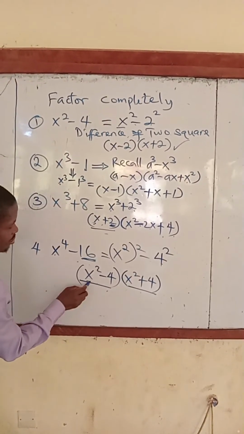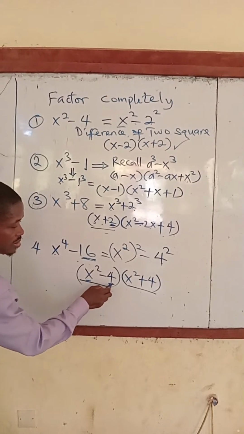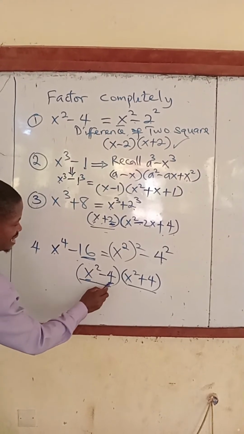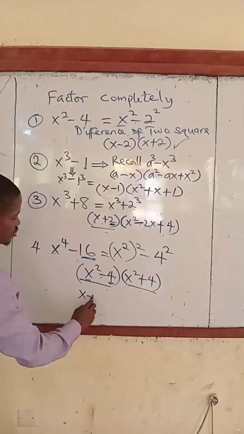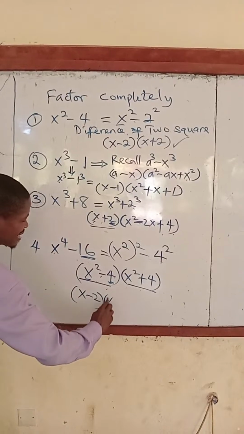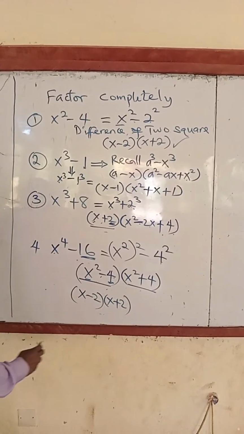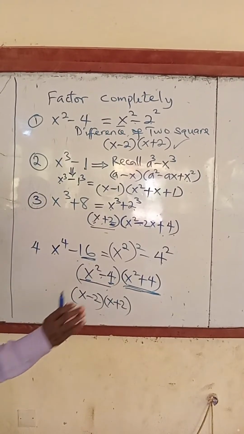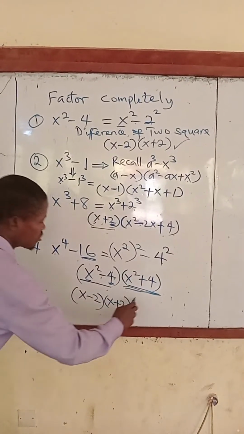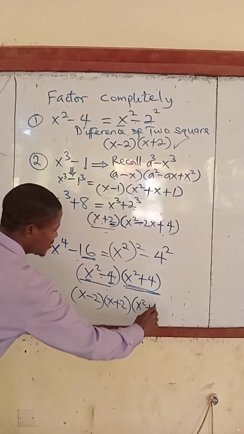This one is still a multiple and multiple. So that will be equal to what? This one is going to have x squared minus 2 squared. So that will be x minus 2 times what? x plus 2. This one, there's no identity for this one, x squared plus 4. It should be negative. So just write that one, x squared plus 4.